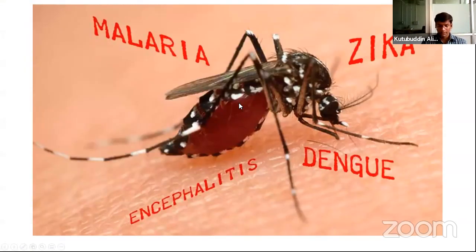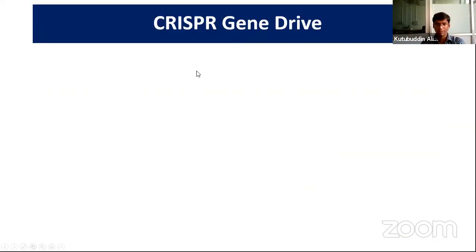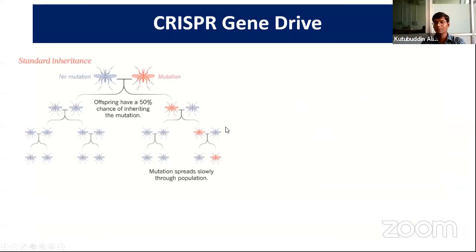Okay, so this is another very interesting example, and the World Health Organization is thinking seriously about applying this, especially in African countries, because the mosquito is a very dangerous enemy of humans, as it can spread all those kinds of diseases. This is called gene drive technology using CRISPR.